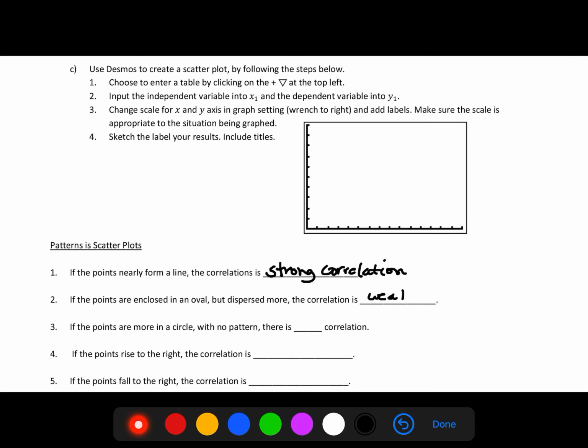Those variables are related very closely. If points are enclosed in an oval, but not almost a straight line, the correlation is weak. And if the points are in a circle, there is no pattern that we can determine, so there is no correlation.